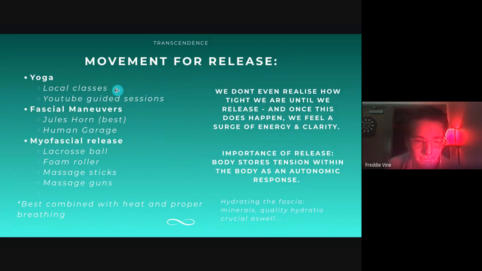So yoga, pretty basic, but really, really useful for releasing the fascia, nourishing the tissues, calming the nervous system. Now, the second type of movement for release that I really like, which is a bit more uncommon, is something called fascial maneuvers. So the way to think about this, hence the name, is it's targeting the fascia more directly.